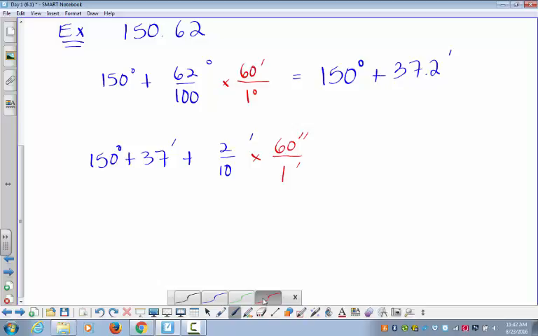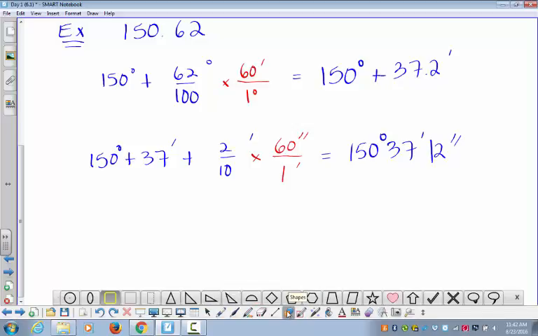And that we don't really need to type into our calculator. We can manage on our own, I think. So that's 150 degrees, 37 minutes, and then the seconds will have 120 divided by 10. So that's 12. So that would be our DMS representation of that angle.